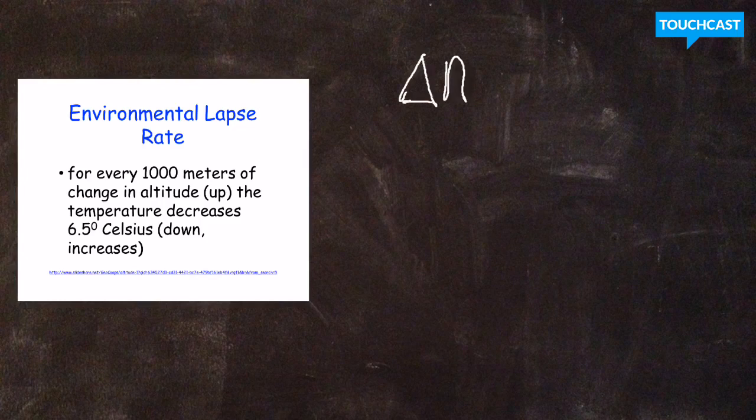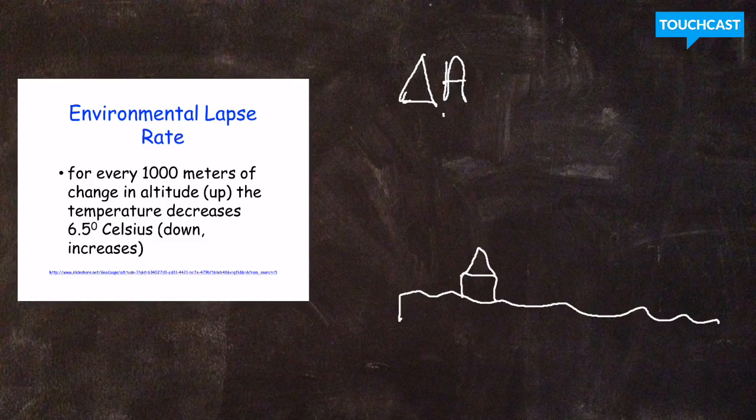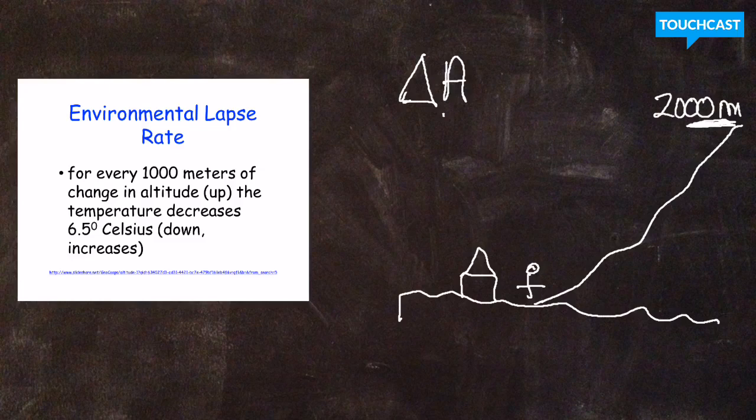Change in altitude. Remember, this isn't change of elevation. So if I'm on my land and I have my house and I have my mountain and I decide to go on a hike, it can give me the elevation here. It can say that it's 2,000 meters, and it can give me my elevation here, which could be that I'm 100 meters from sea level. So that means my house is 100 meters above sea level.